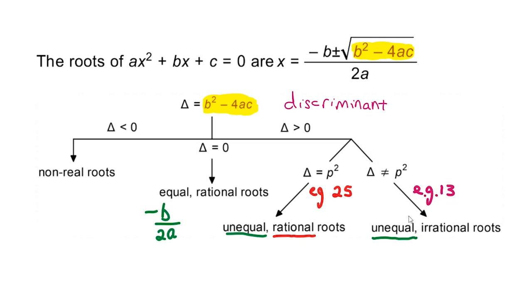It never ends and it never repeats, and our roots will not be written as a ratio of two whole numbers. They will never end, they will never repeat, and they will be irrational. If you understand this little diagram, then there's nothing to learn. If you don't understand it, try and learn it anyway, but it's much better to understand it.